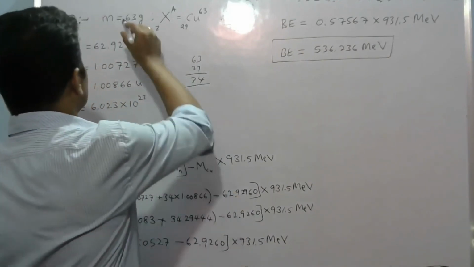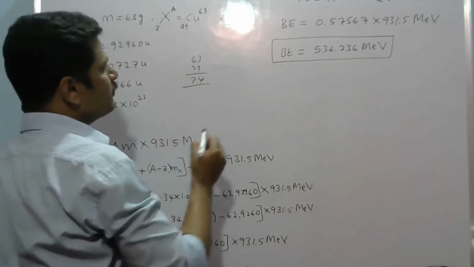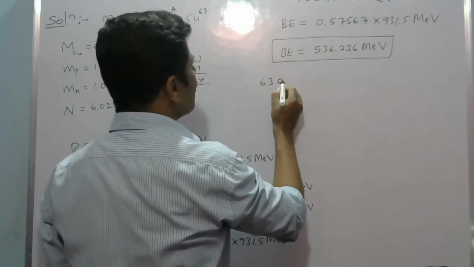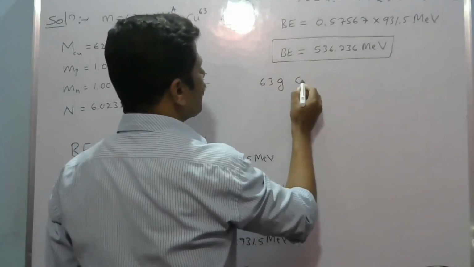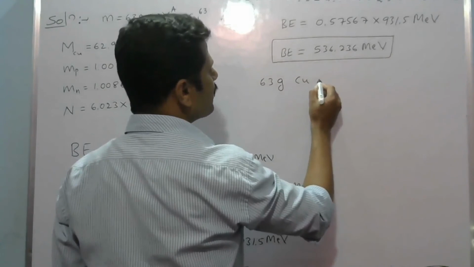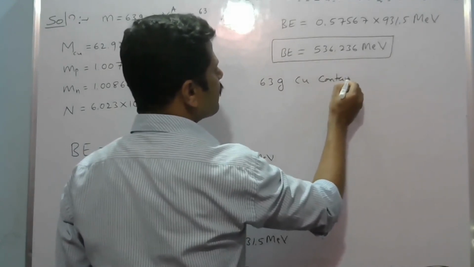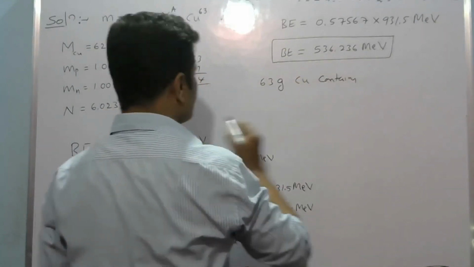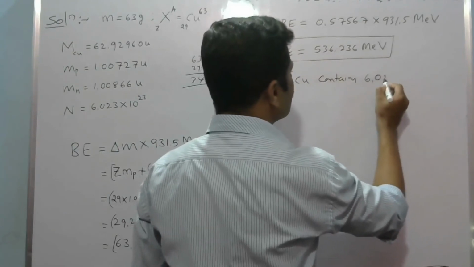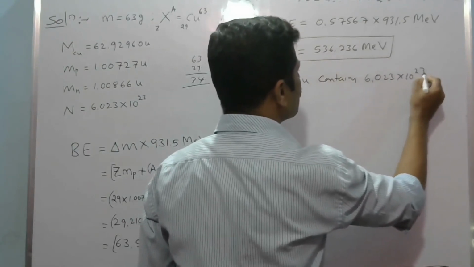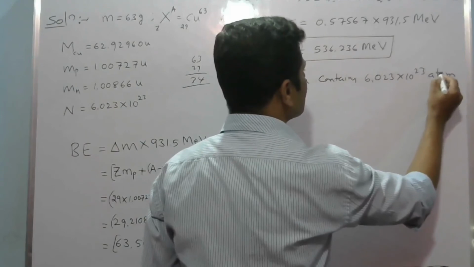But we have many atoms. That is, 63 gram of copper contains how many atoms? It contains the Avogadro number, 6.023 into 10 raised to 23 atoms. That is the number of atoms.